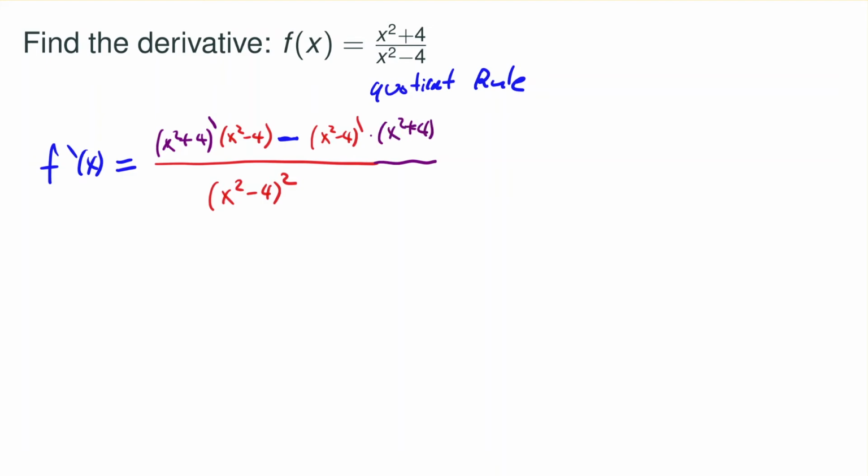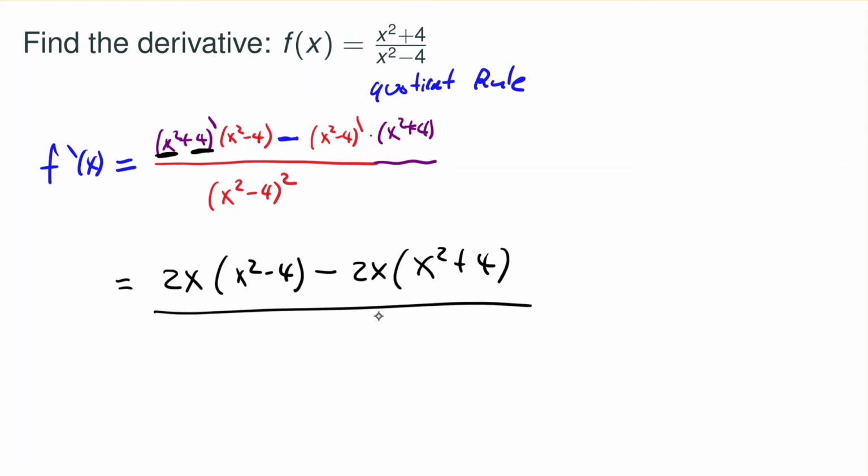So build a habit to write a step first before you take the derivative straight away. So then derivative of this is just 2x times x squared minus 4. Derivative of this is 2x, derivative of 4 is 0. Minus derivative of x squared is 2x times x squared plus 4, entire thing, over (x squared minus 4) squared.